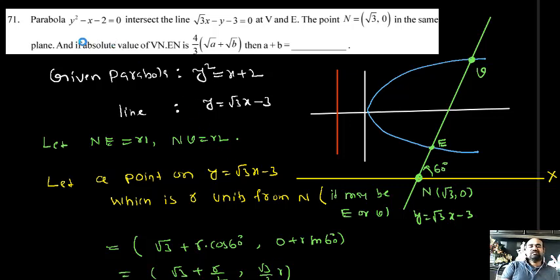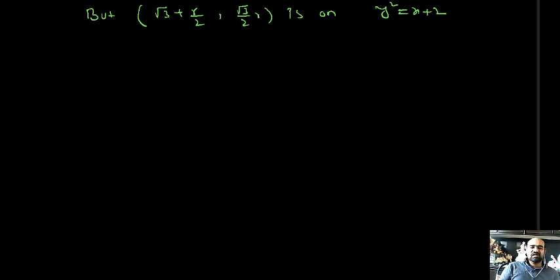What I got, root 3 plus r by 2 comma root 3 by 2 r, is on the parabola y square equal to x plus 2. Every point on the parabola will satisfy this algebraic rule. This point will satisfy (root 3 by 2 r) whole square equal to root 3 plus r by 2 plus 2.